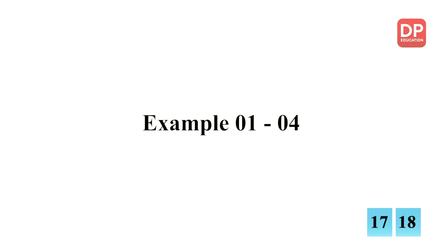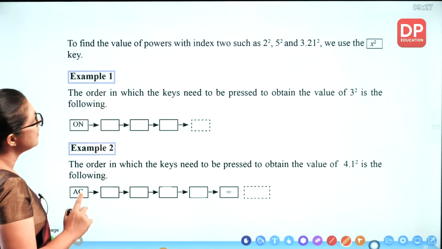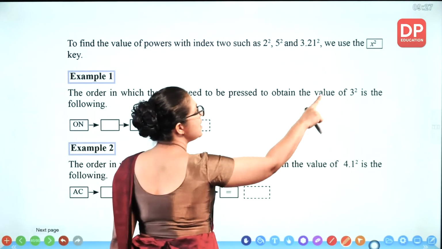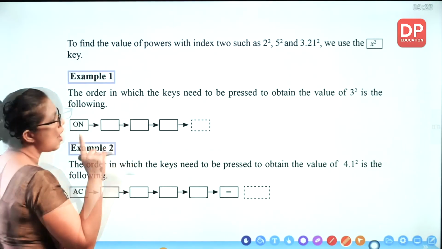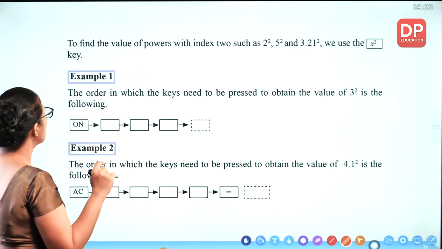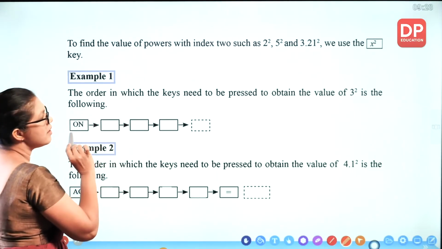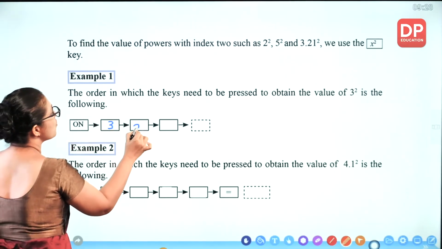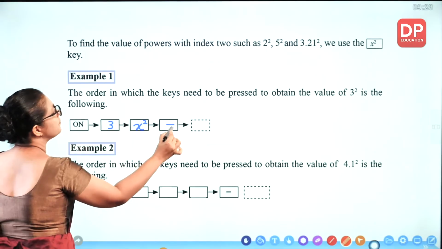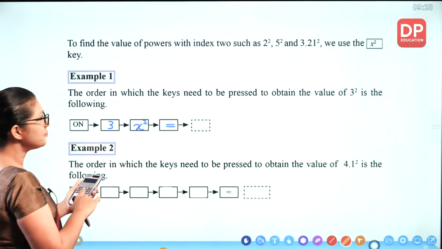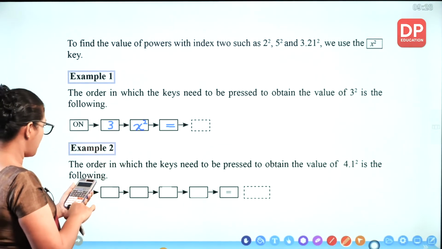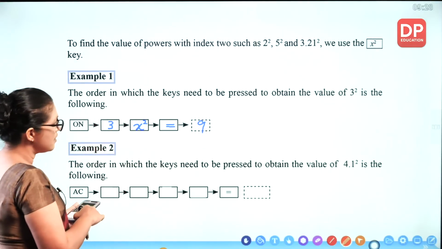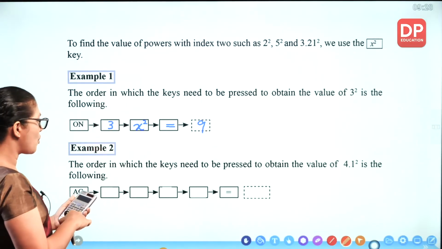Example number 1. You can find square of a number using x squared button. How you use the calculator for 3 squared? So switch on, and you can press 3 and then x squared button. So what's the value? 3 x squared button, you get 9. This one 4.1 squared.